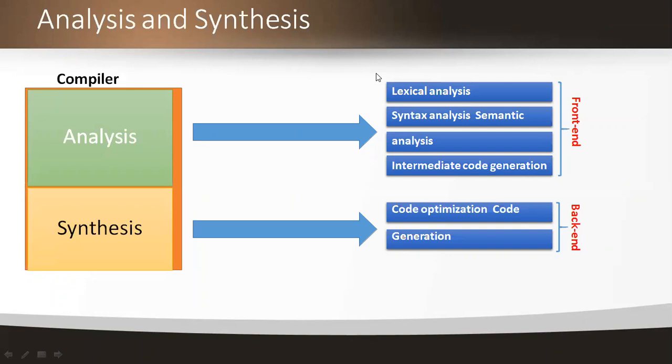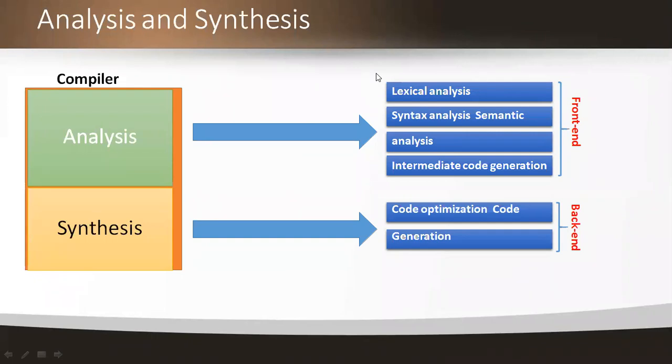The first phase in the analysis part is lexical analysis. Here lexical analysis can be called a scanner or linear analysis. Why do we call it a scanner? Whenever we take an input in the form of a source program in a high level language, first we have to scan the source program. Scanning the source program is implemented in lexical analysis.